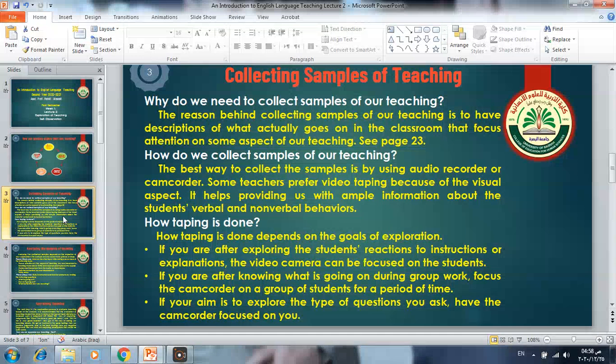If you are after exploring the students' reactions to instructions or explanations, the video camera can be focused on the students.